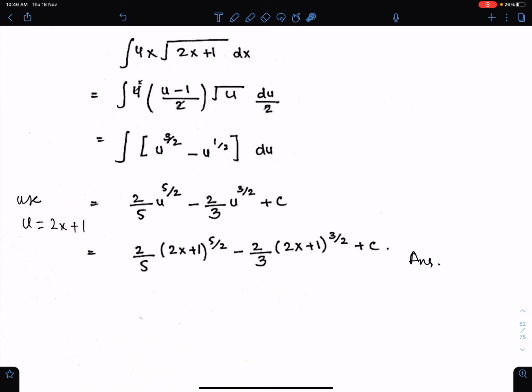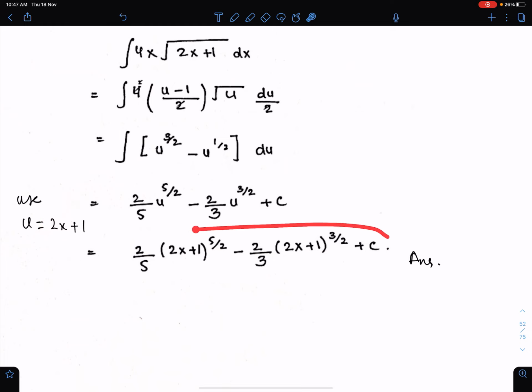Now this is very simple to integrate. Just add 1 in power and divide the function by the resultant power, and the integral of this is here. Right, see, since this integration is indefinite, you must rewrite your answer in terms of x, the original variable, which is x in this case. So substitute u here and here, and the value of u is 2x plus 1.